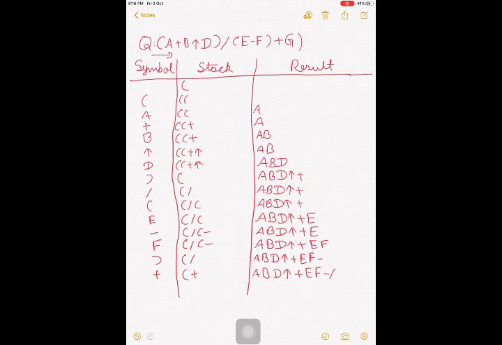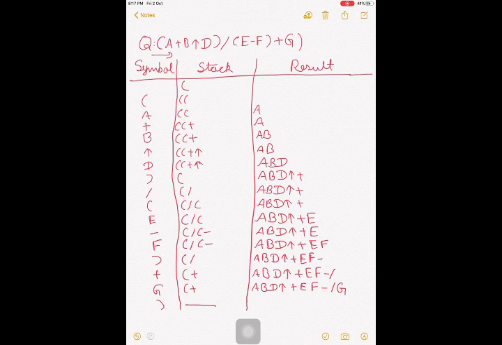Then we have G. G will go to the result expression. And we come to the end with a closing bracket. What will be the result of this closing bracket? This plus will move to the result, and both the opening and closing brackets will nullify each other, and we get an empty stack.